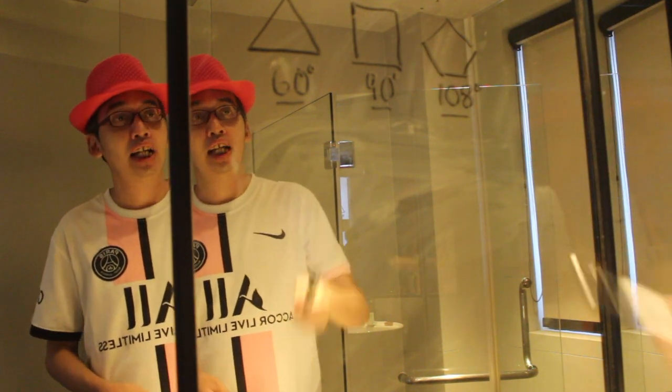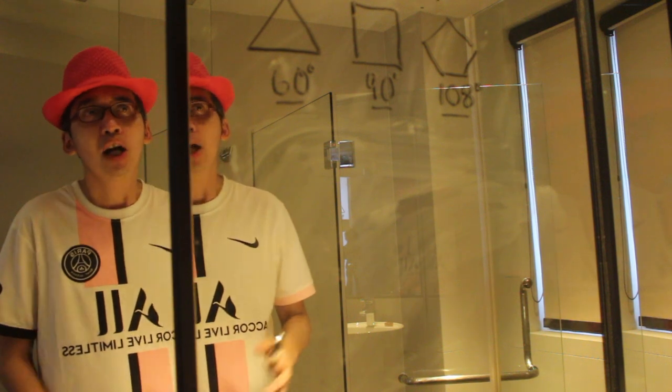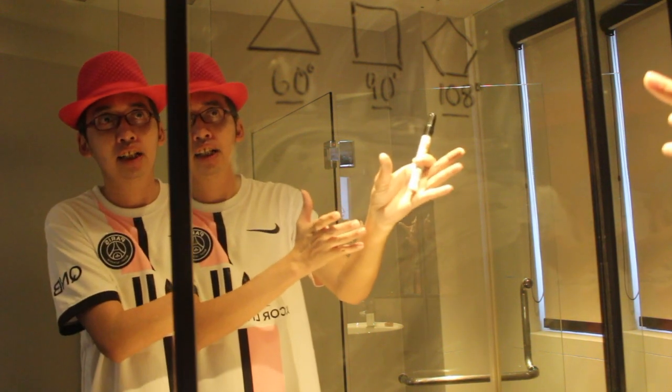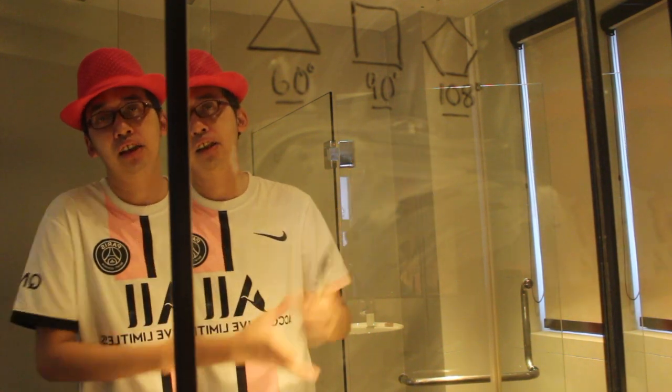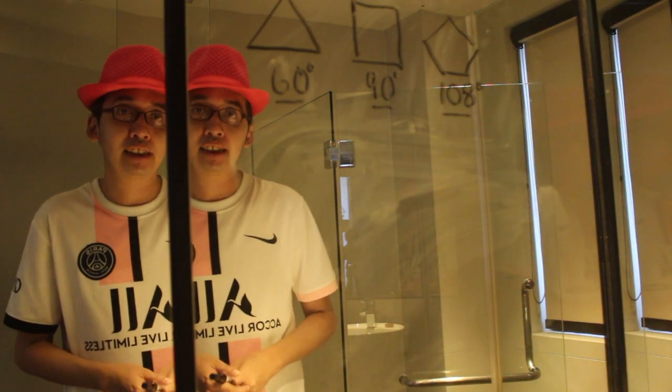Alright, I've actually drawn 3 regular polygons. We have the triangle, 60 degrees each. We have the square, 90 degrees each. And the pentagon, 108 degrees each. What about the next regular polygon, the hexagon? A hexagon has an interior angle of 120 degrees.